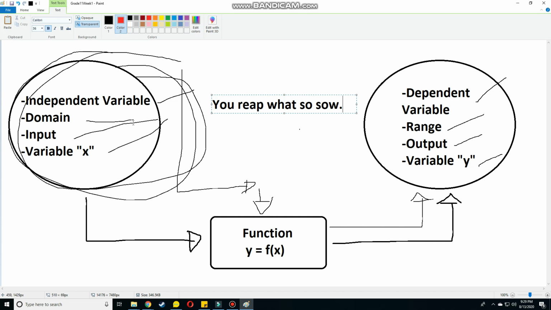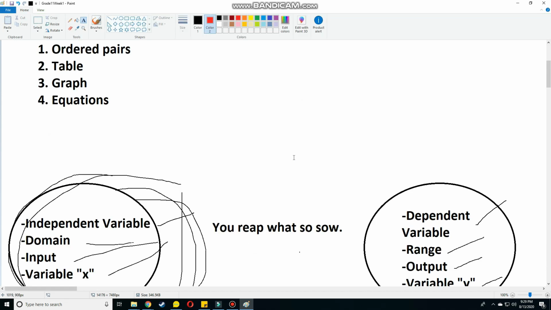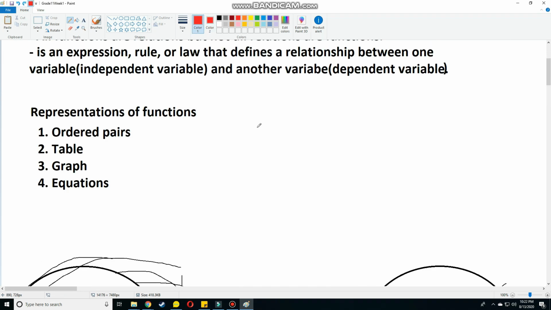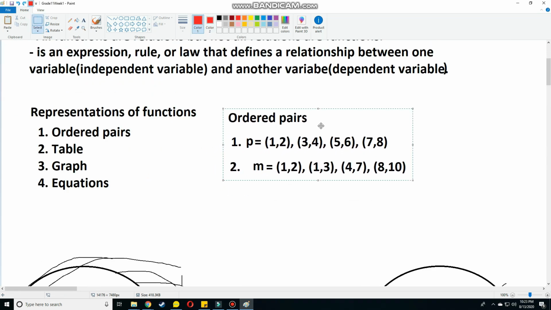Okay, now let us continue with our representations of functions. And now let's have an example on the set of ordered pairs. Now, how would we identify if the set of ordered pairs we have is a function or not? Now, as you can see, you would focus on the domain. Okay, if our domain has no repetition, so let's use our example number 1, has no repetition, then it is a function.